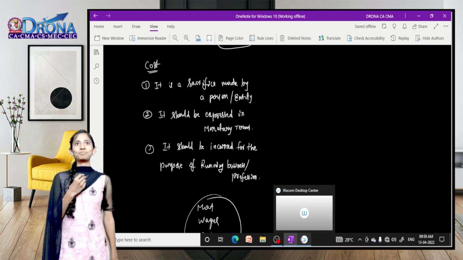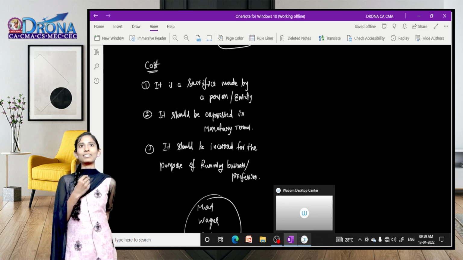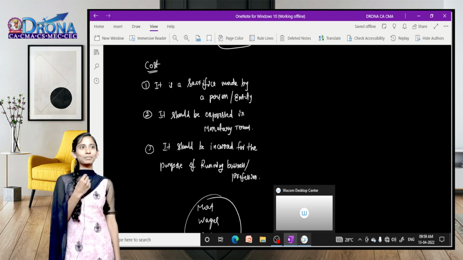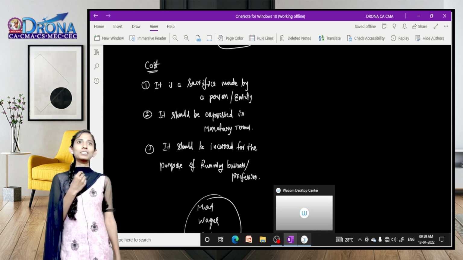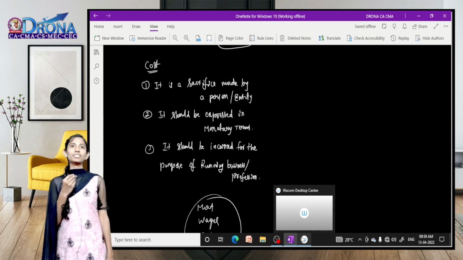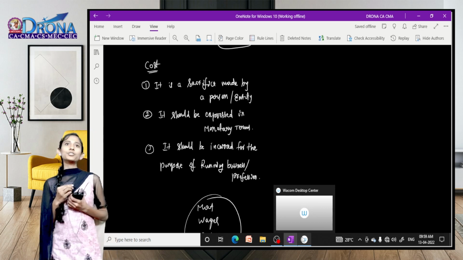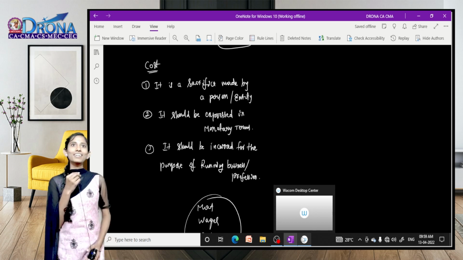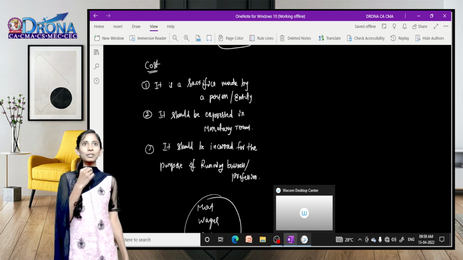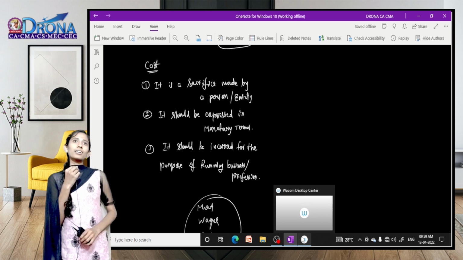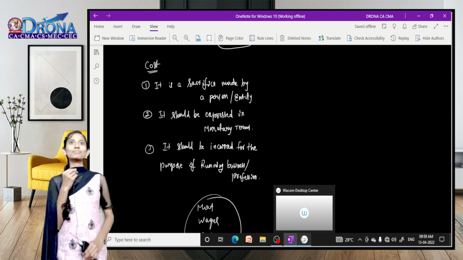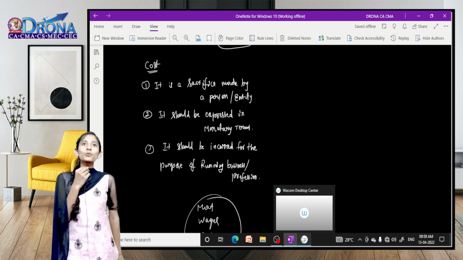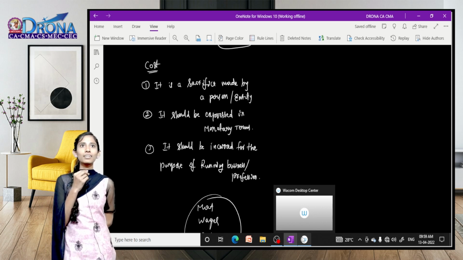Cost means it is sacrificed by a person, and it is incurred for the purpose of business or profession, and it should be expressed in monetary terms. And costing is the ascertainment of cost. We need to classify the cost into three for three purposes.